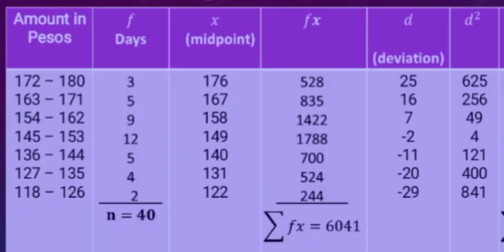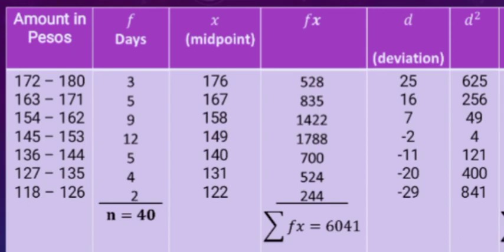The next step now is we are going to square the deviation. So the square of 25 is 625. The square of 16 is 256. The square of 7 is 49. The square of negative 2 is 4, and so on.